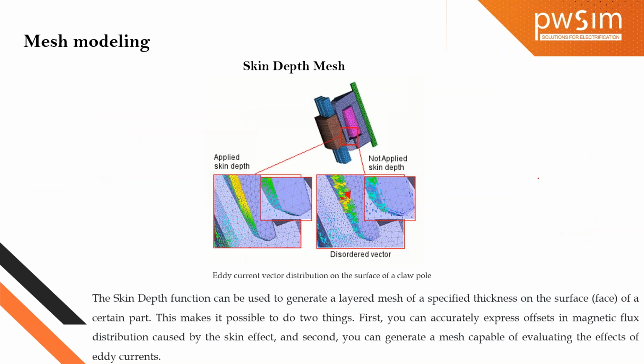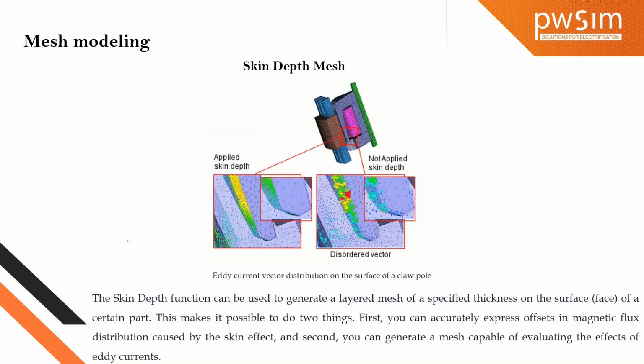So also we have a skin depth meshing. The skin function can be used to generate a layered mesh of a specified thickness on the surface of a certain part. For example, in this example we have shown the claw pole alternator, the eddy current vector distribution on the surface of the claw pole.